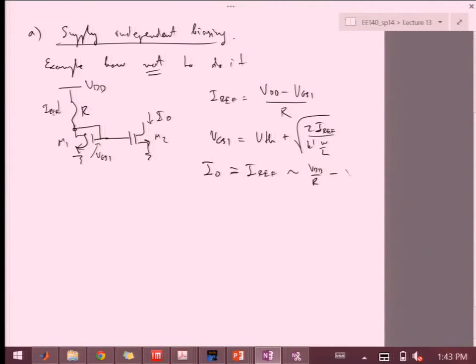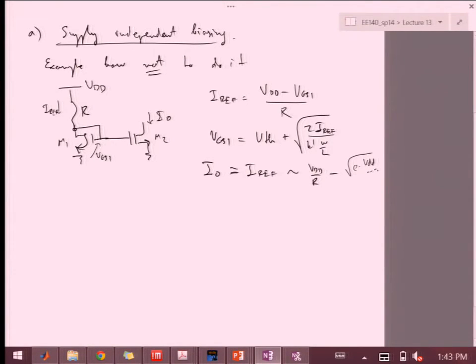So it will be some square root, and IREF is, again, a function of VDD. So it will be some constant C times VDD, and so on. What I'm trying to show you is that the dependence of I naught on VDD will be linear here, and then some square-root-ish term, et cetera, that's less important.